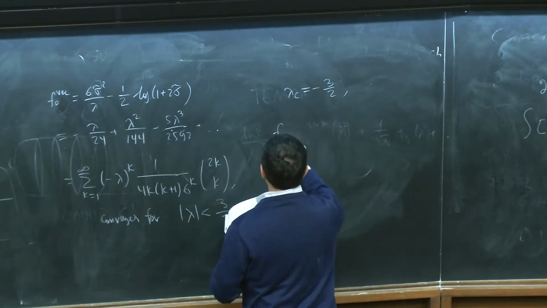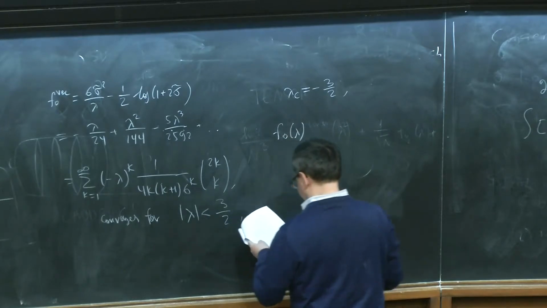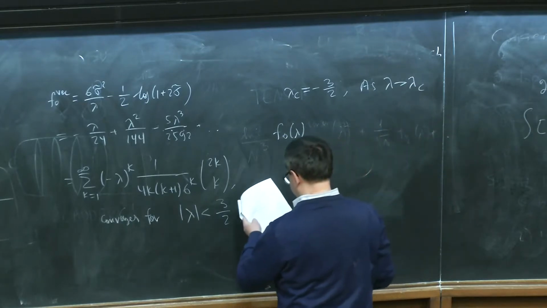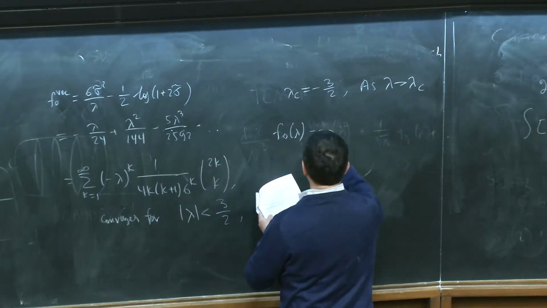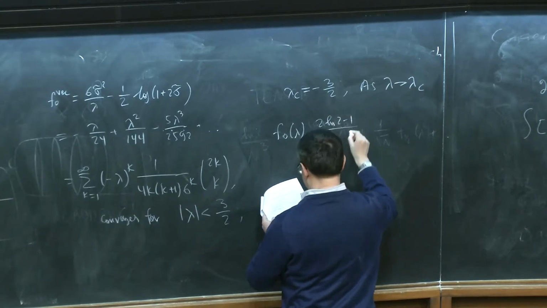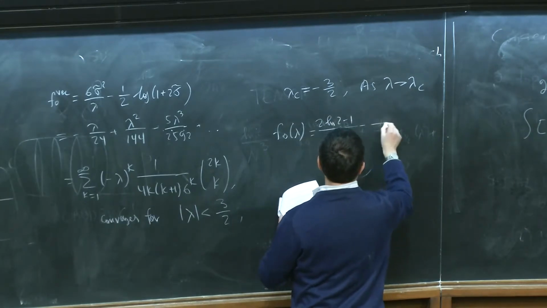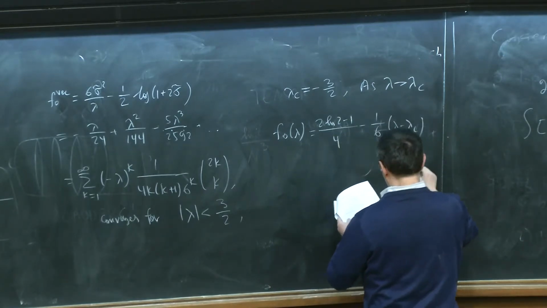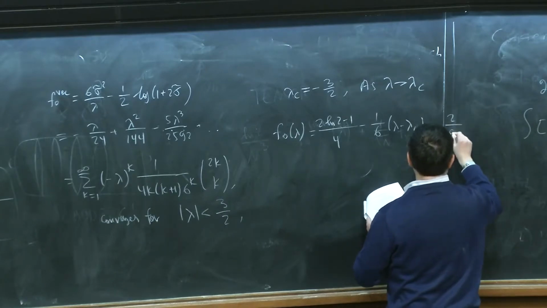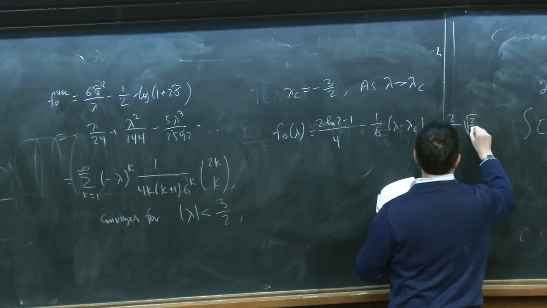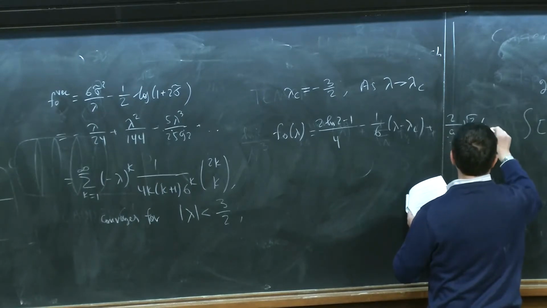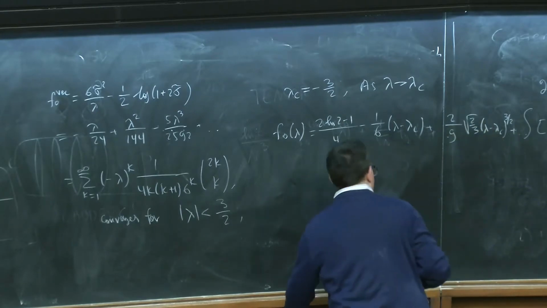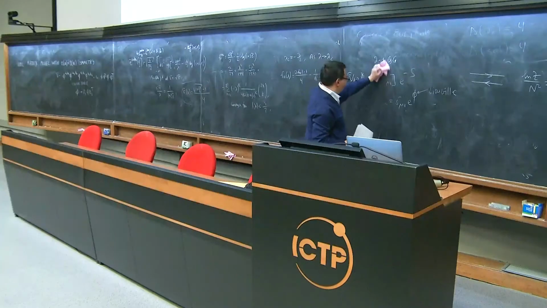And you see that as lambda approaches lambda critical, f0 of lambda goes like some constant, like 2 log 2 minus 1 over 4, minus 1/6 times lambda minus lambda c, and then plus 2 over 9 root 2/3 times lambda minus lambda c to the 3/2. So this is the first non-analytic term.